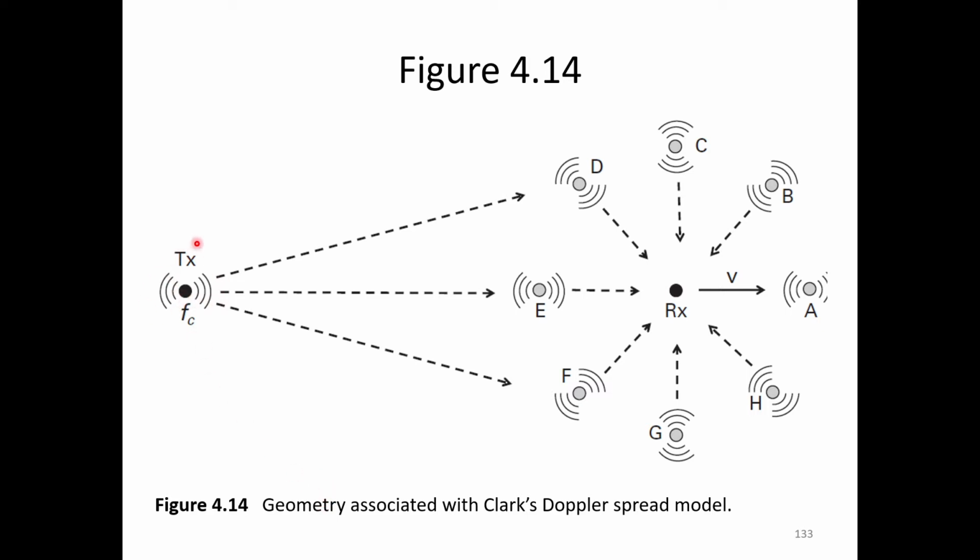Here is the transmitter. It is stationary, and the carrier frequency is Fc. And here are 8 scattering objects A, B, C, D, E, F, G, H. They are all stationary.